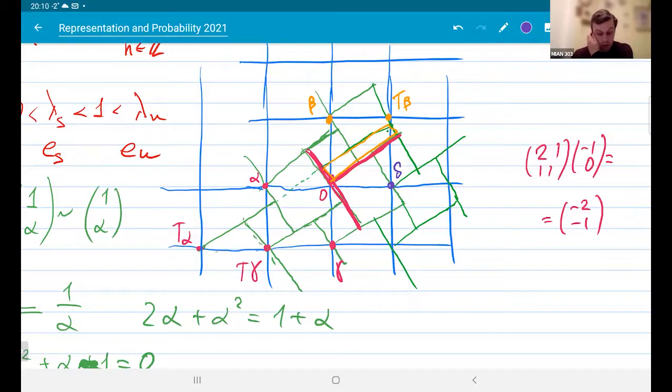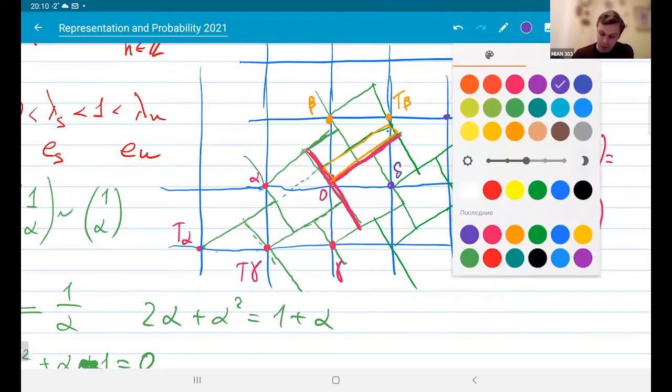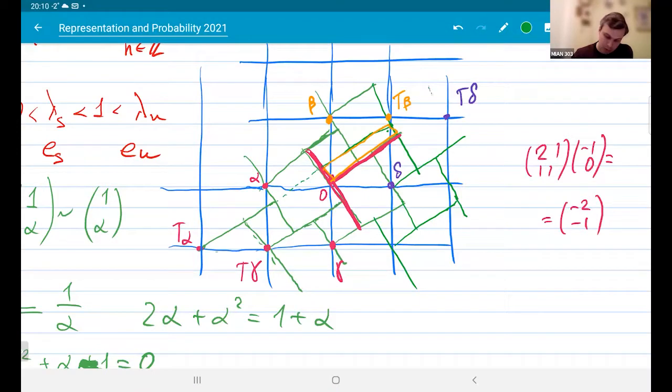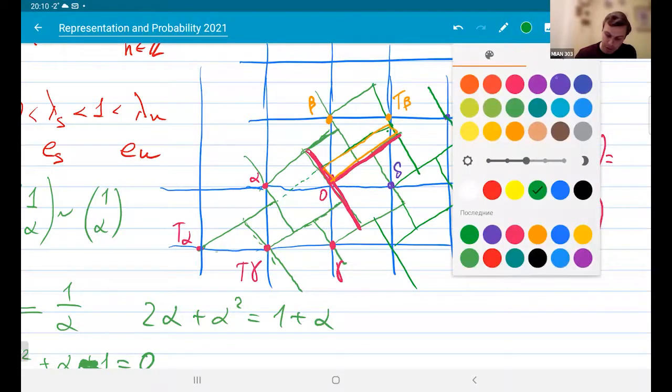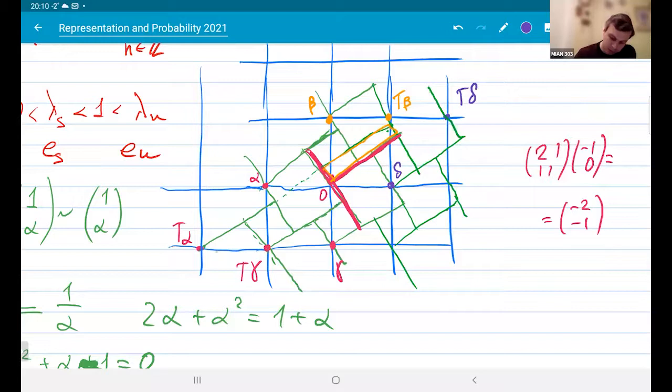Точка 1, 0, которая отображается в точку 2, 1. Теперь я должен через дельту провести такой же отрезок, а через гамму вот такой. Образ получается вот такой. Здесь это пройдет немножко выше, потому что пересекается прямо в точке 1 и 2. И получится вот такая картинка.